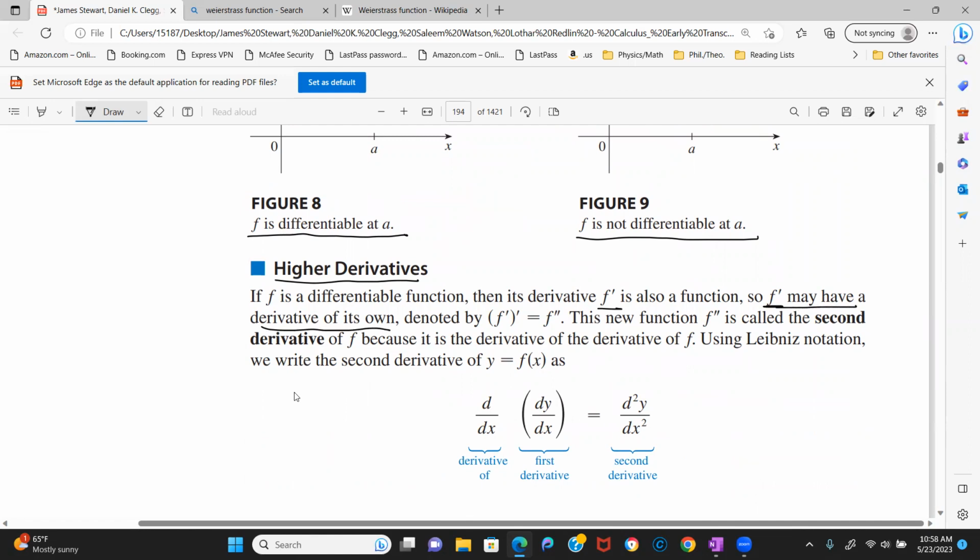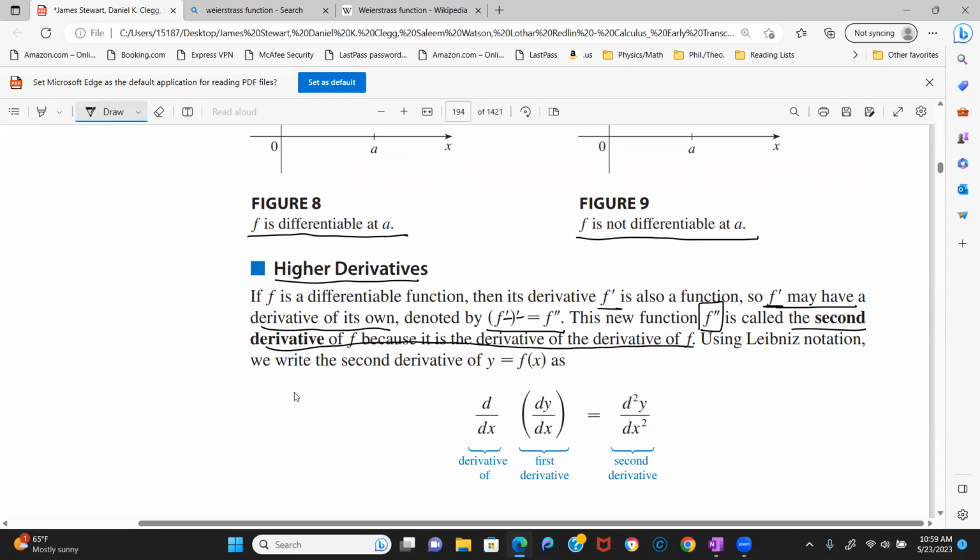To get the second derivative, which uses the double prime notation, you just take the derivative of the derivative. That's all that means. So f double prime is called the second derivative of f because it's the derivative of the derivative.